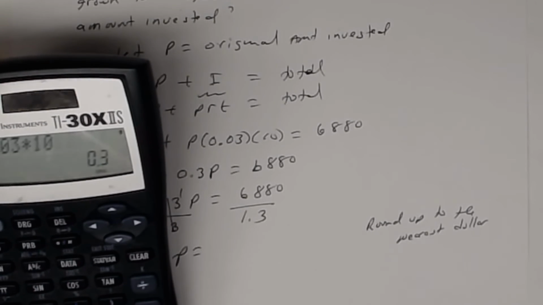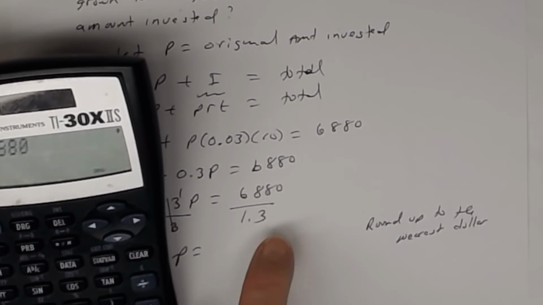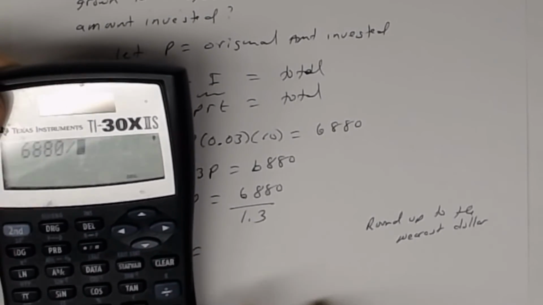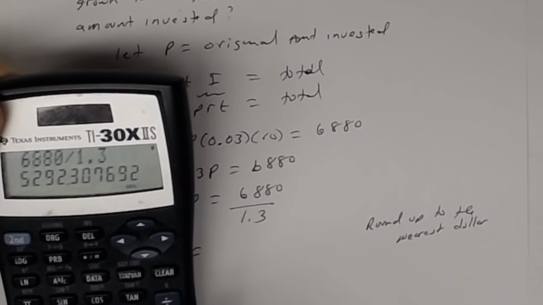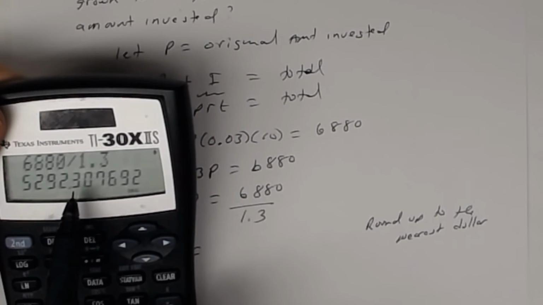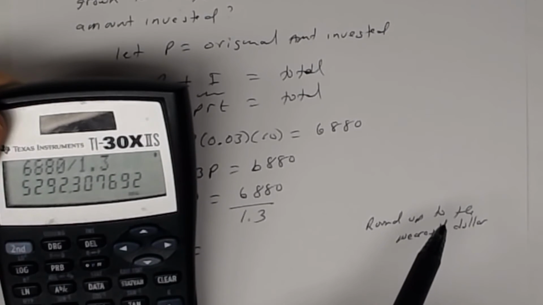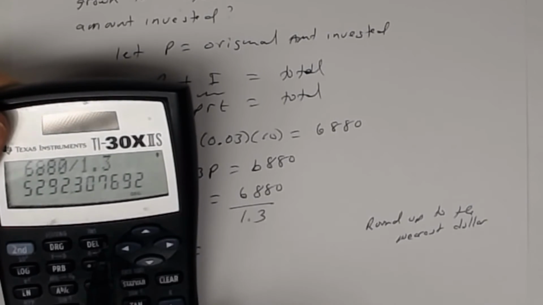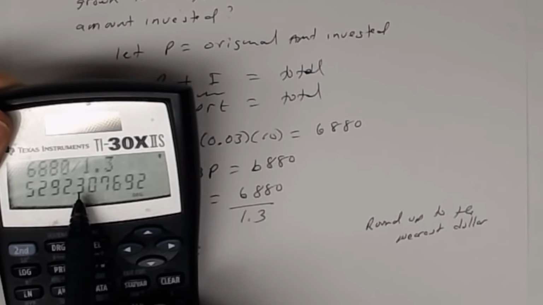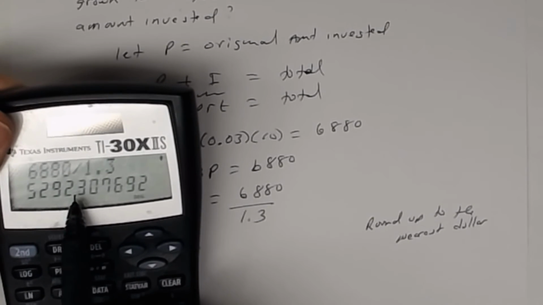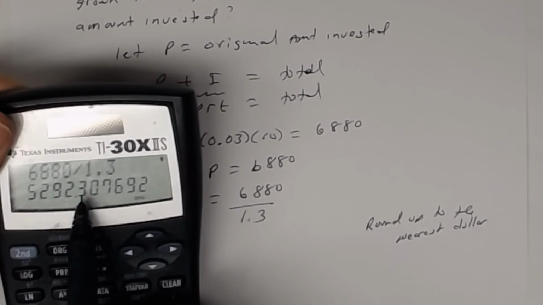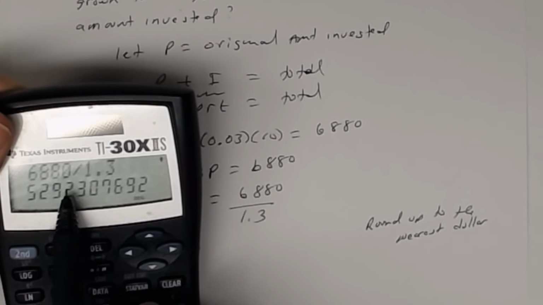So 6,880 divided by 1.3 equals, all right, so we round up. So there's 5,292. Now remember, we're not rounding off, we're rounding up. So since there is something bigger than 0 here, this 2 right here is going to become a 3.